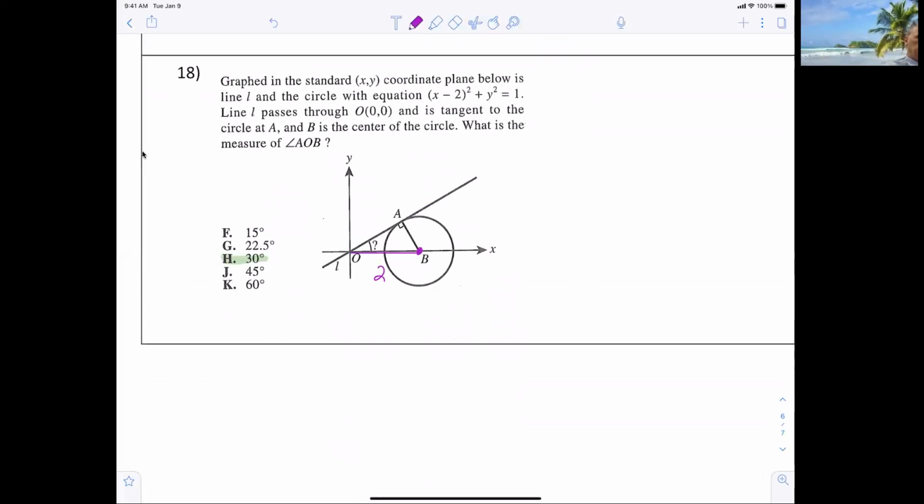And if it's perpendicular, because it's a tangent, that's a 90-degree angle. Tell me. Yes, brilliant. Thank you very much. So the radius of the circle is what? 1. So this guy is 1.